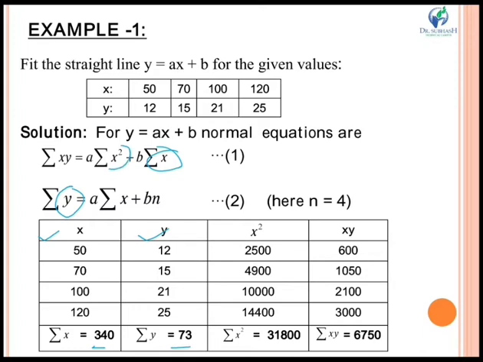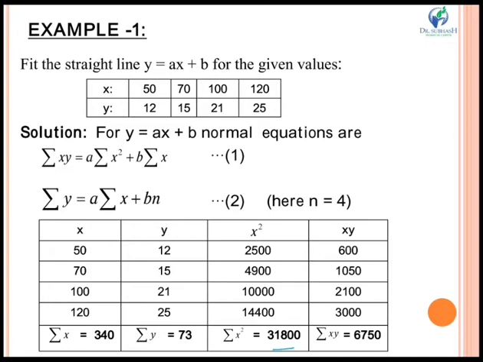Next I need is x square, so I will construct a column of x square, that is 50 square will be 2500, similarly 70 square will be 4900, and so on. I have written all the values, and I have added all the values of x square, and I get my answer as 31800.